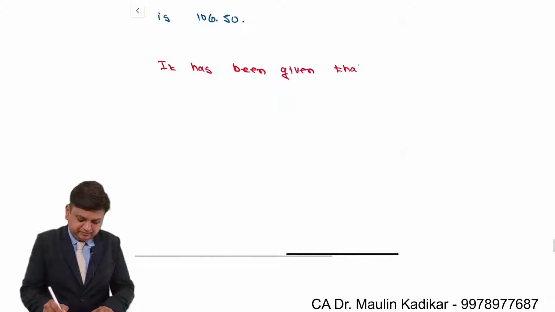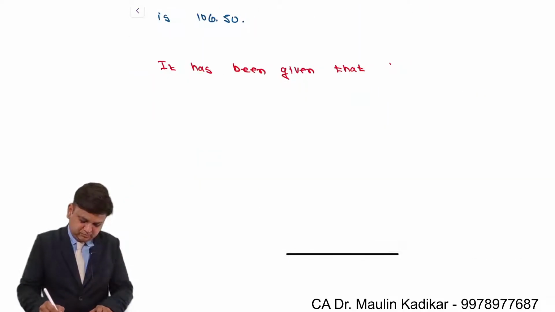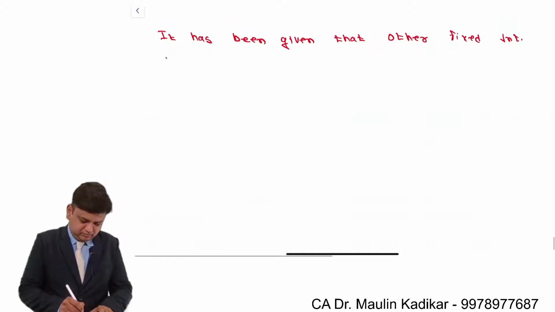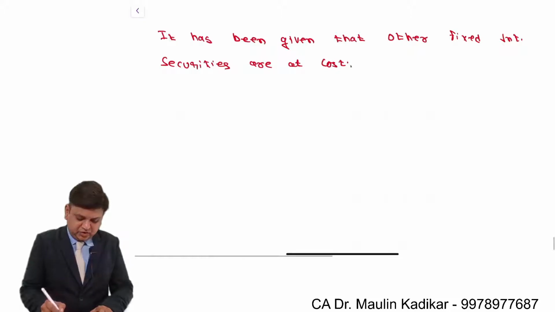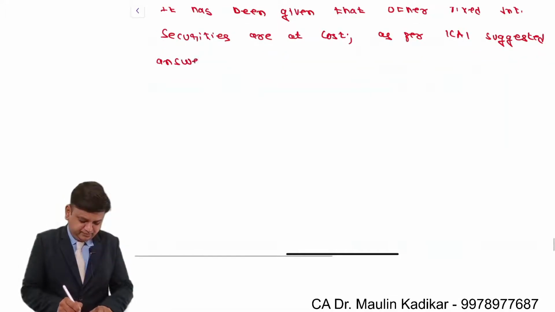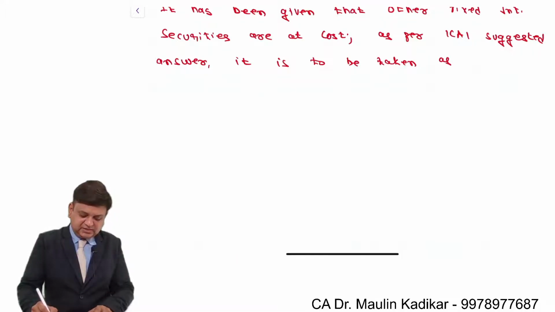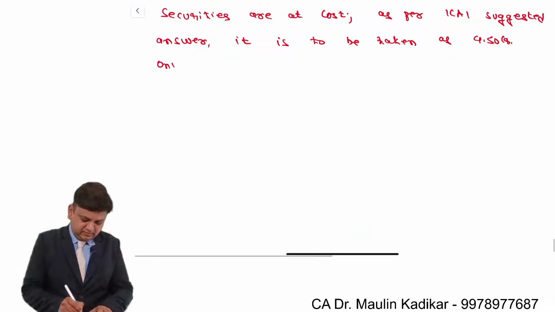It has been given that other fixed interest securities are at cost, comma, as per ICAI suggested answer, comma, it is to be taken as 4.5 crore only, full stop.